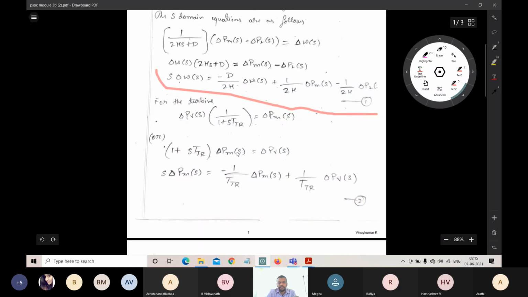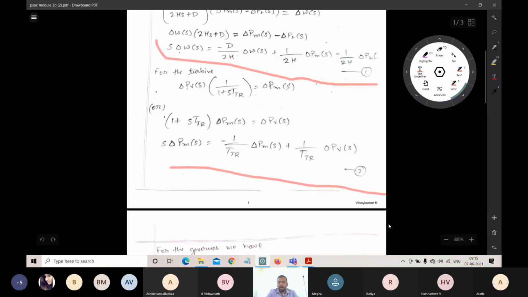So delta Pm of s into 1 is delta Pm of s, plus delta Pm of s into sTTR. We cross multiply, and what was in the numerator comes to the denominator. Simplify, and you will get the step. So s delta Pm of s is equal to minus 1 by TTR delta Pm of s plus delta PV of s divided by TTR. This is the output equation for the turbine. This is for the turbine, equation number 2.